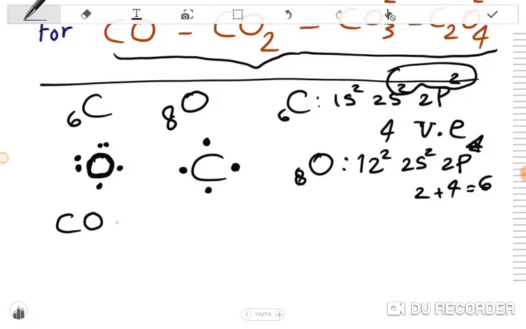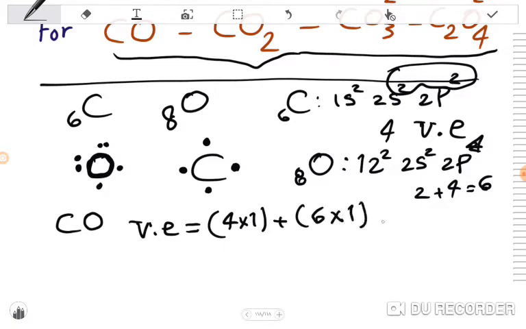For CO, or carbon monoxide, the valence electrons: we have 1 atom of carbon, 4 multiply 1 plus 6 multiply 1 equals 10.